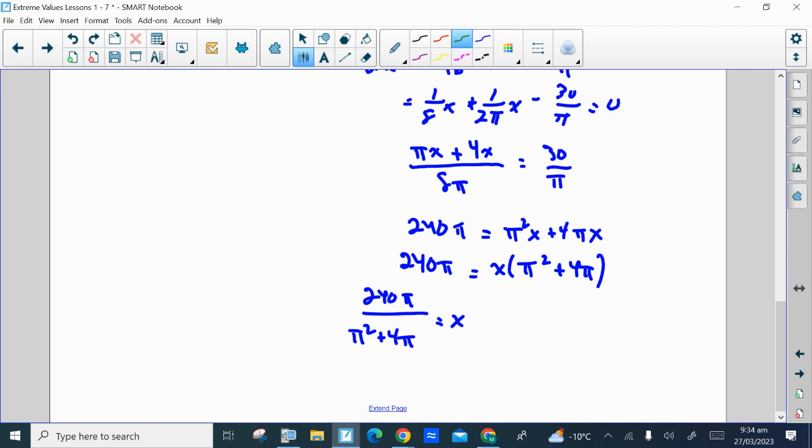You should see that there is a factor of pi in all the terms. So we can divide everything by pi to give us a simplified answer of 240 over pi plus 4. There's the exact value of x.